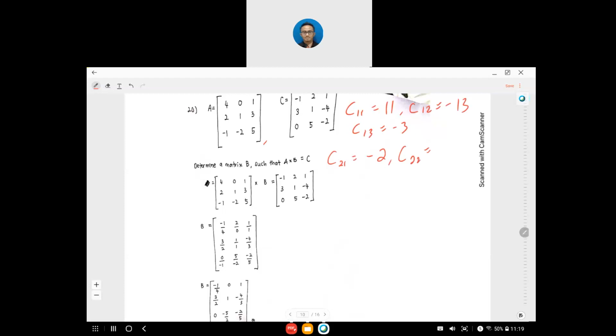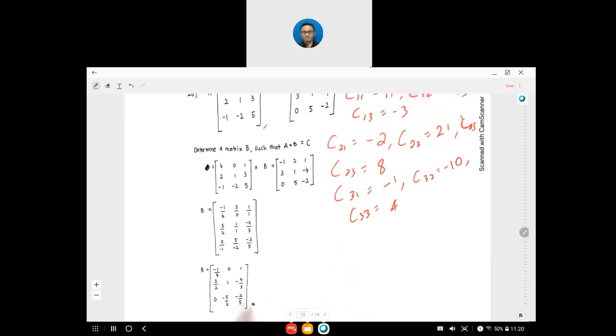C22 equals 21. C23 equals, nampak tak? Tak nampak pula. C23 equals 8. C31 equals negative 1. C32 equals negative 10. C33 equals 4. Okay.